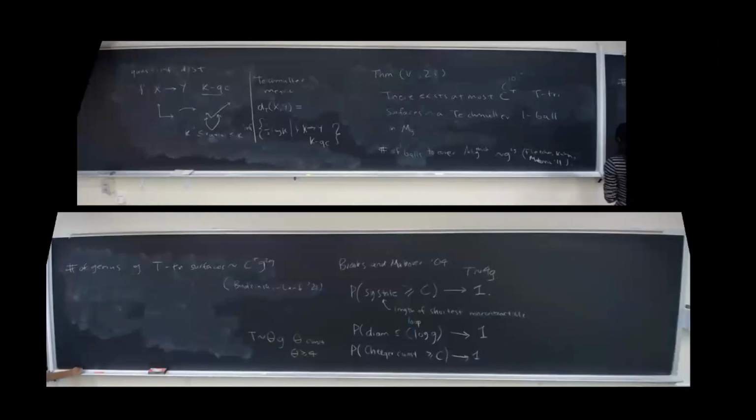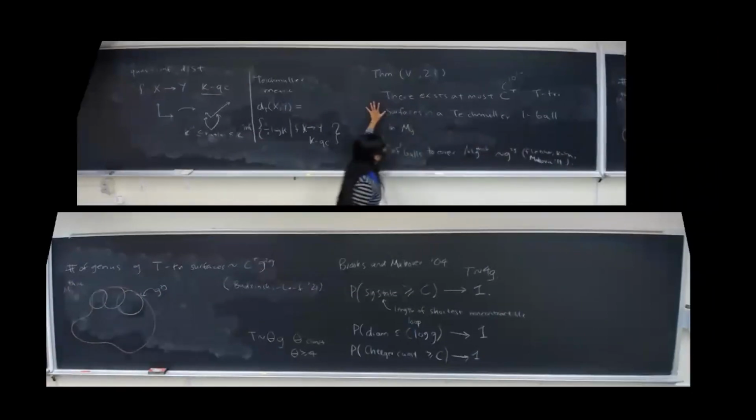Okay, so the picture is as follows. M_G looks like this. There are a bunch of balls. This is the thick part of M_G. This statement is under this yellow assumption, or this yellow fact: T and G go together. But I just want to say that this statement is true on the nose.